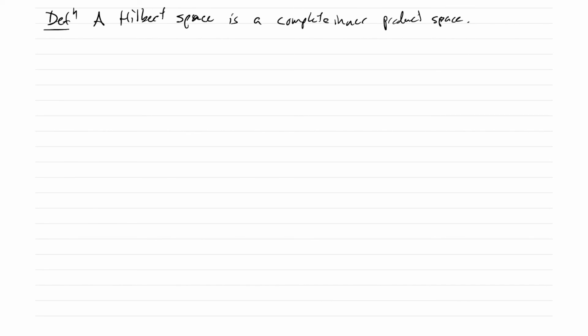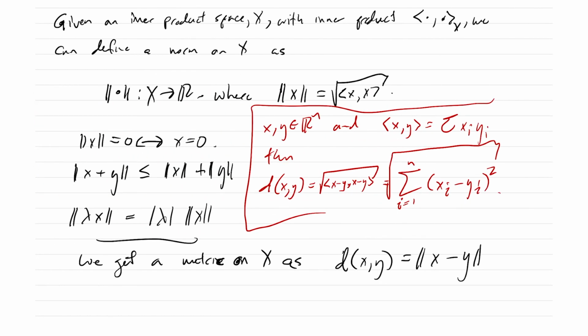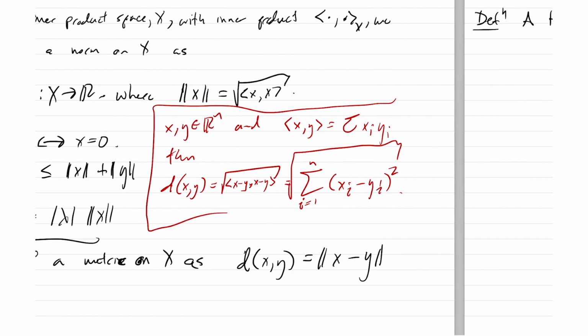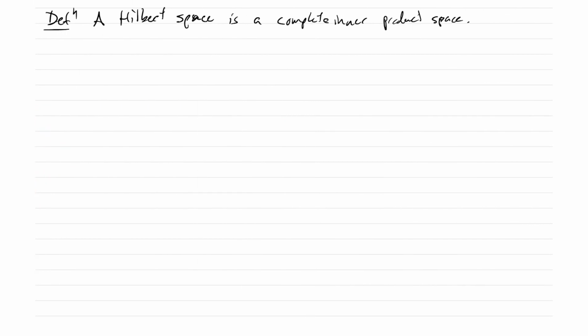And by that I mean when you have a Cauchy sequence coming from this induced metric, then you have convergence of that Cauchy sequence to something inside the Hilbert space.